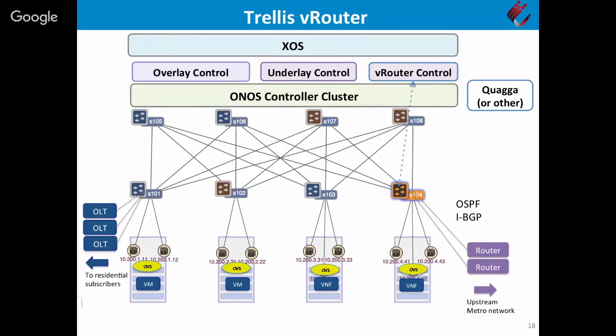So what we do is this vRouter control application first informs the leaf switch that when you see this control plane traffic, redirect it to Quagga.